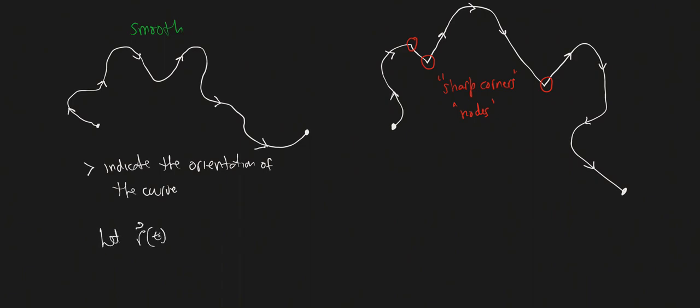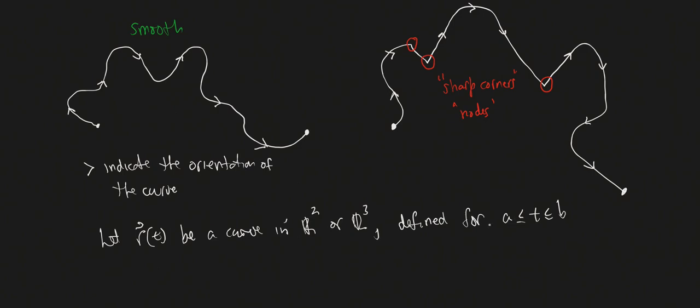Anyway, let r of t be a curve in R2 or R3. Technically, it could be Rn. Let's say defined for t in the interval from a to b.